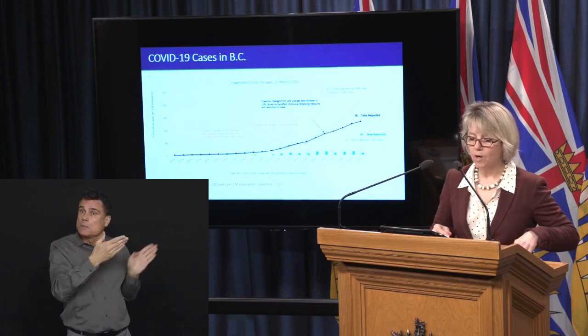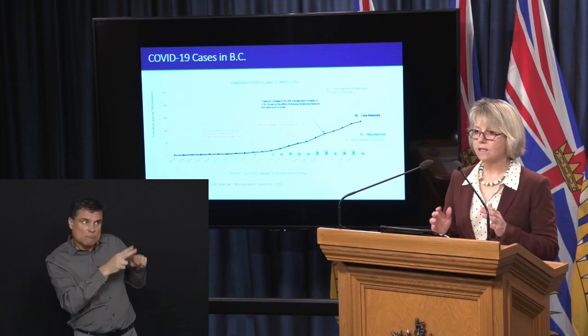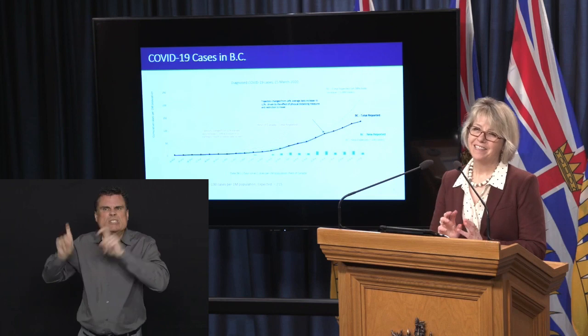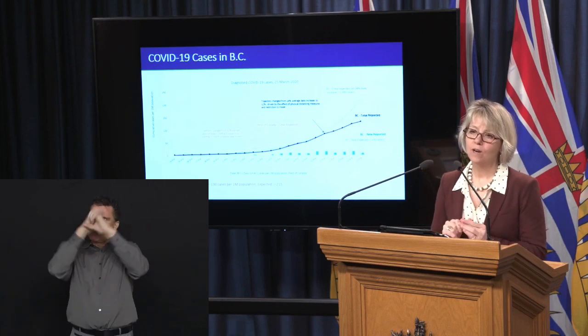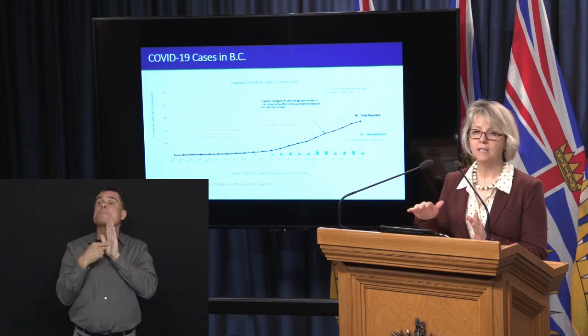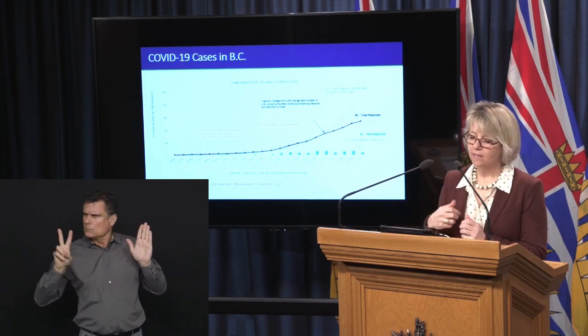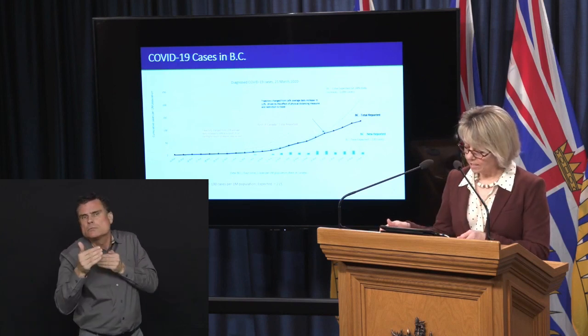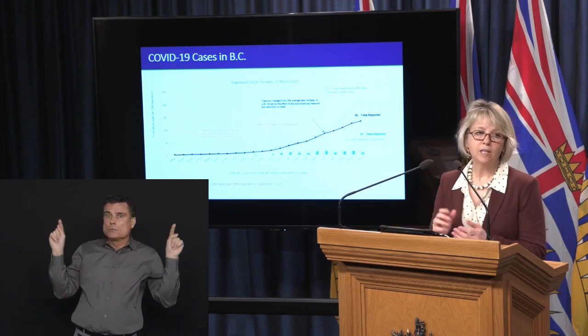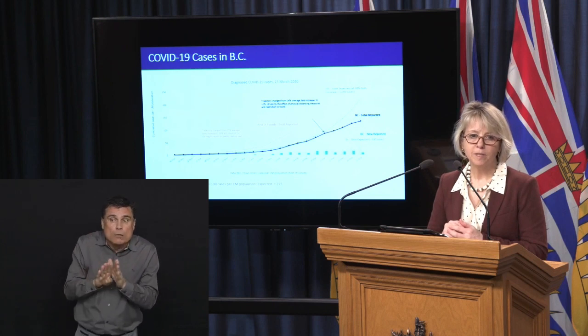So the second type of modeling that we're using, there's lots of different types of models, but this is one that's looking at how the change in BC is happening over time, and it is looking at the percent change or the daily increase, the trajectory of the cases that we're seeing here in BC.